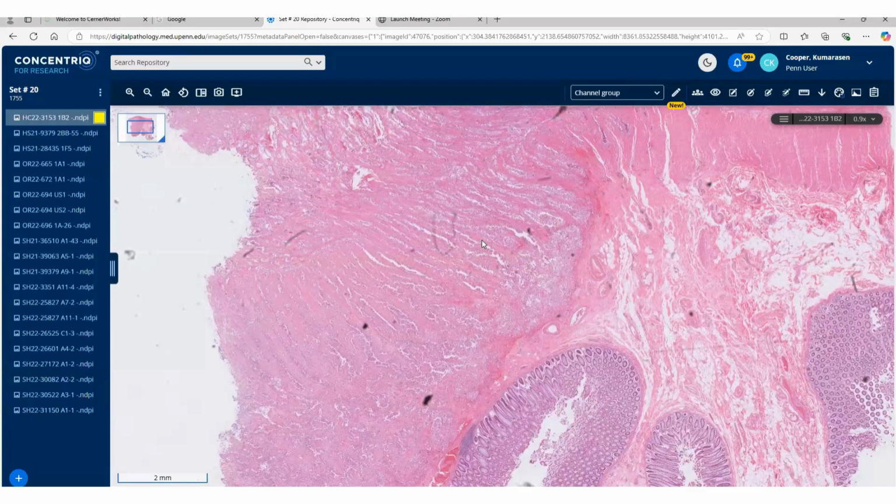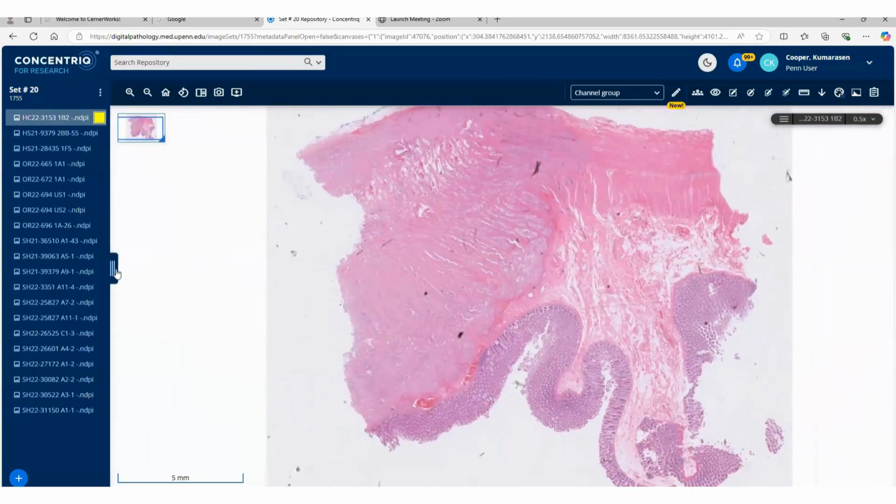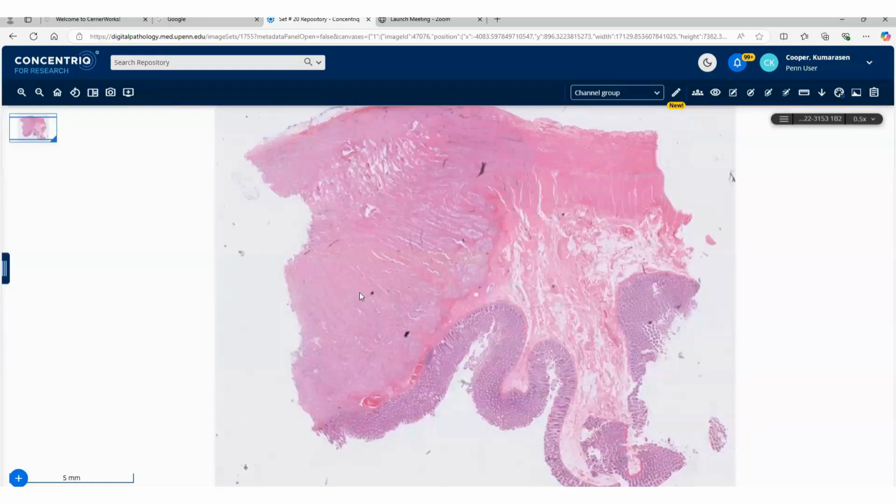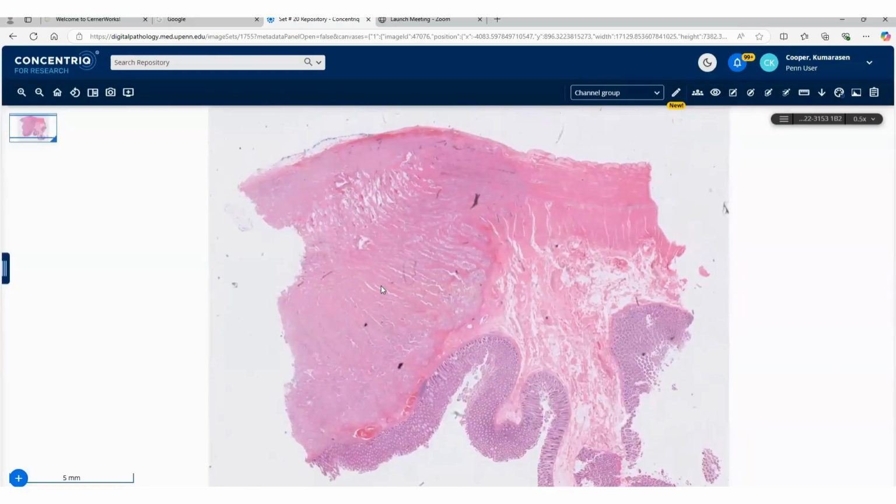And the way I like to conduct these conferences is that I put on a scan slide, as you see here. I will give you the history, and then give you the opportunity to tell me what you think. And then the conversation and the differential diagnosis can go from there.